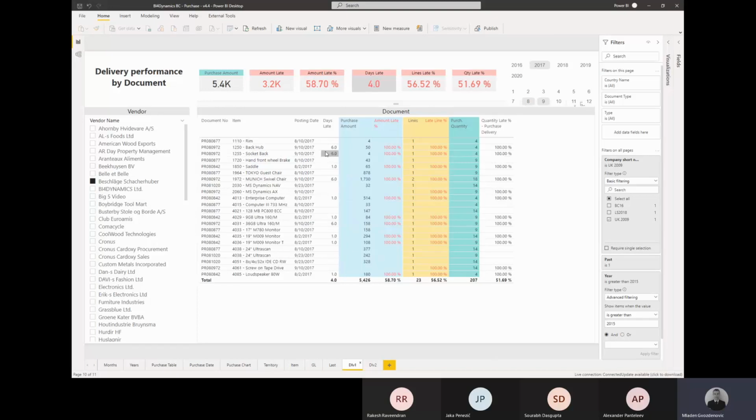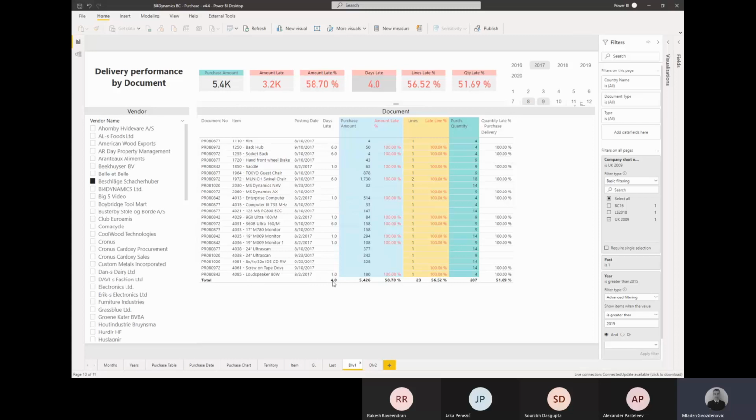We could do, but there are several dates here, but it just means that they were posted on these dates. This one was not late. These two lines were 6 days late, and again, another document and how many days it was late. Posting date opposed to the order date and promised date in the order.